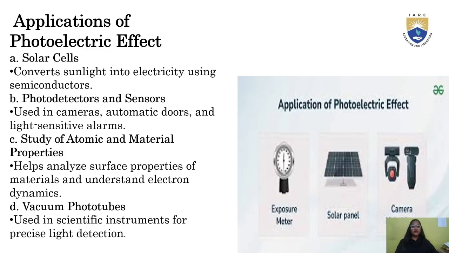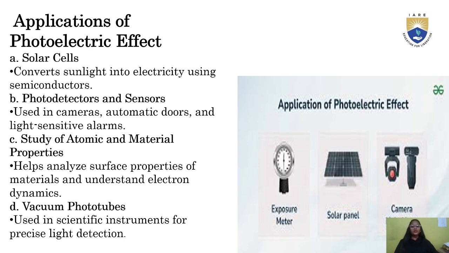Now, let us know about the applications of the photoelectric effect. The first one is solar cells, which convert sunlight into electricity using a semiconductor. Photodetectors and sensors are also used in cameras, automatic doors, and light sensitive alarms.